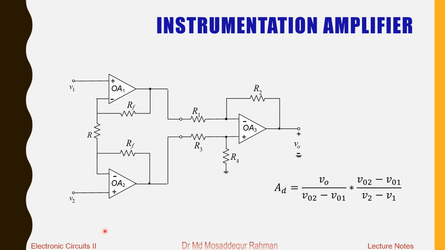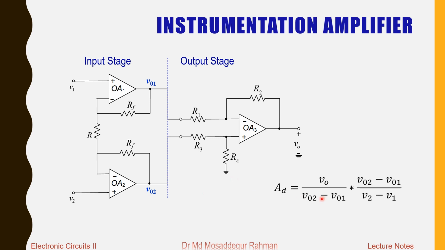Like before, we can express the gain as the product of two gains. The first term is the gain expression for the output stage, also known as the difference amplifier, the well-known difference amplifier circuit.